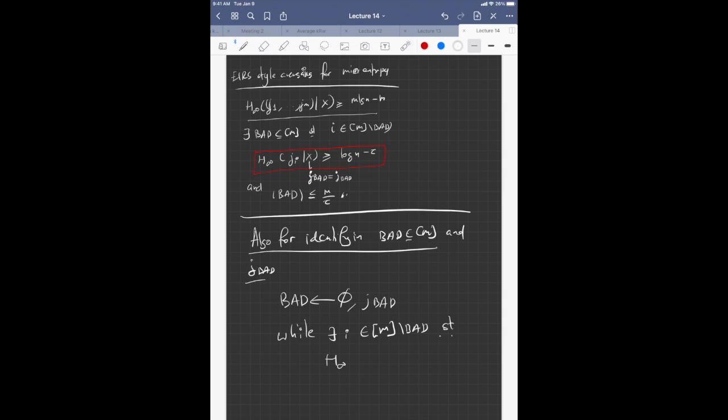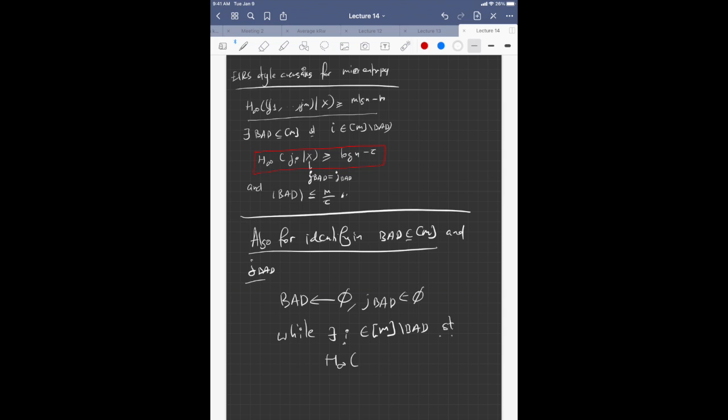So initially j bad is empty, right? This is also free because there's no bad row, but iteratively we'll fix these values j bad. So we look for a currently unrevealed row, that's a row in m minus pi.